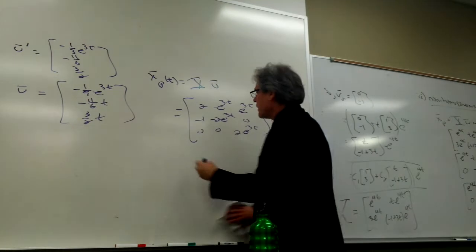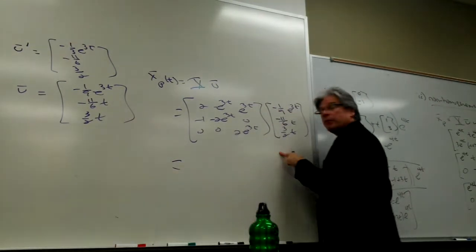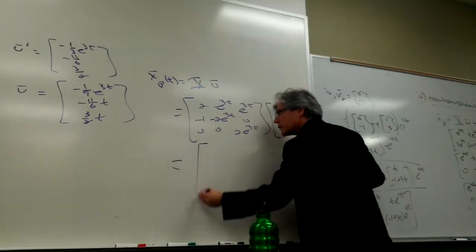I think I've got a 3 by 3 multiplied by a 3 by 1. The resulting product matrix is going to be a 3 by 1.